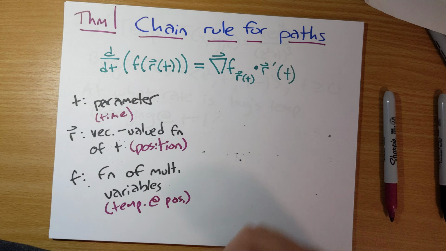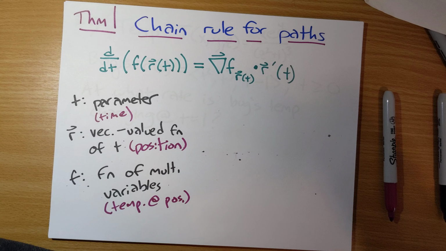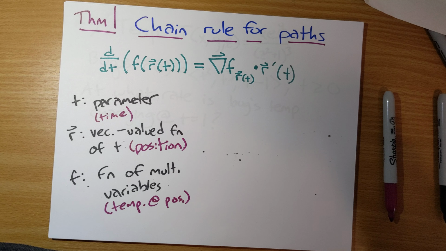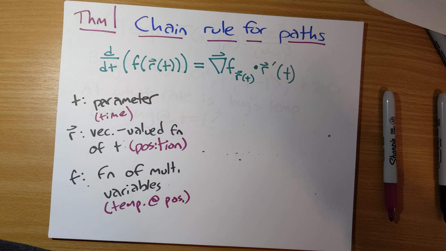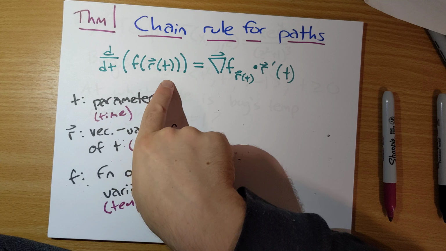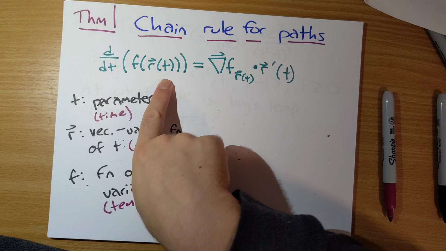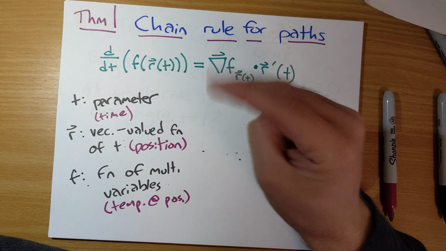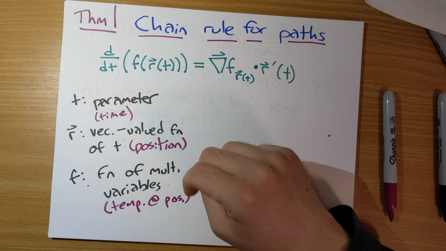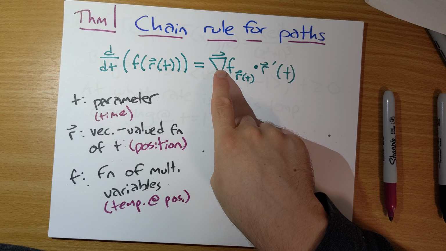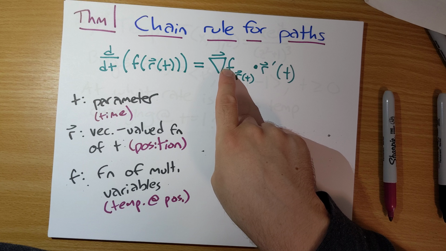And so let me point out here that this fits our pattern of what we should expect a chain rule to look like, right? So chain rule is take the derivative of the outside function while leaving the inside function alone, multiply it by the derivative of the inside function. Taking the derivative, in quotes, of the outside function f is really finding the gradient of f.